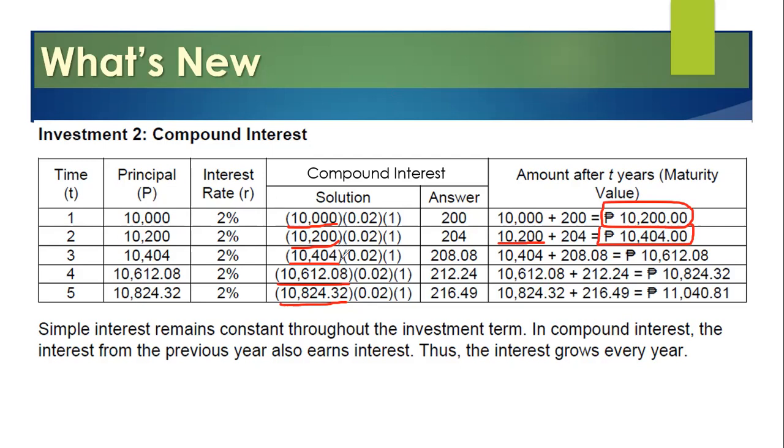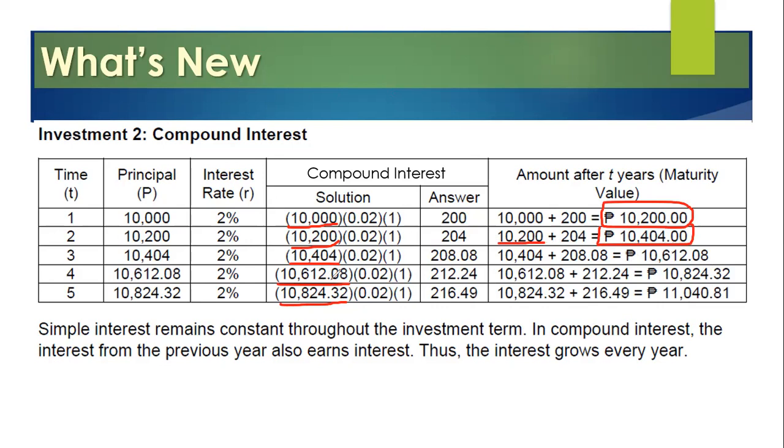Okay? 10,404, yun yung mag-i-interest. Okay? Ang interest na ngayon ay 208.08 pesos. Then i-add dun sa 10,404 which is the previous value ng pera ko. Okay? So, naging 10,612.